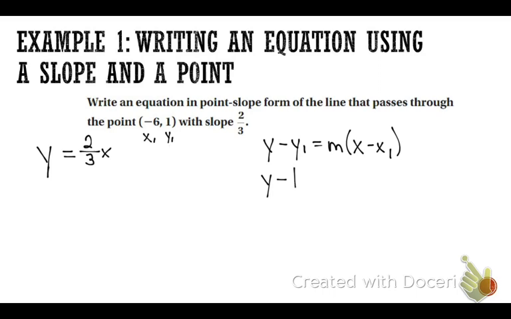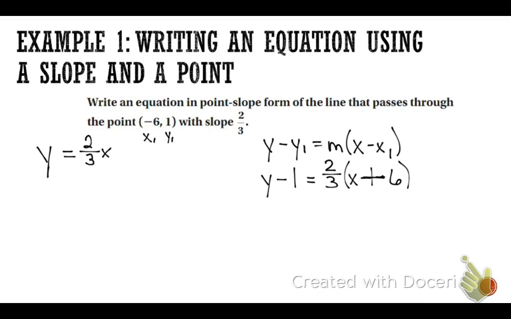Y minus 1 equals, what was my m? 2/3 times x, and what was my x1 value? Minus x1. Well, what do you see here? Double negative, so you need to catch that and change that to a positive. So now it's x plus 6.